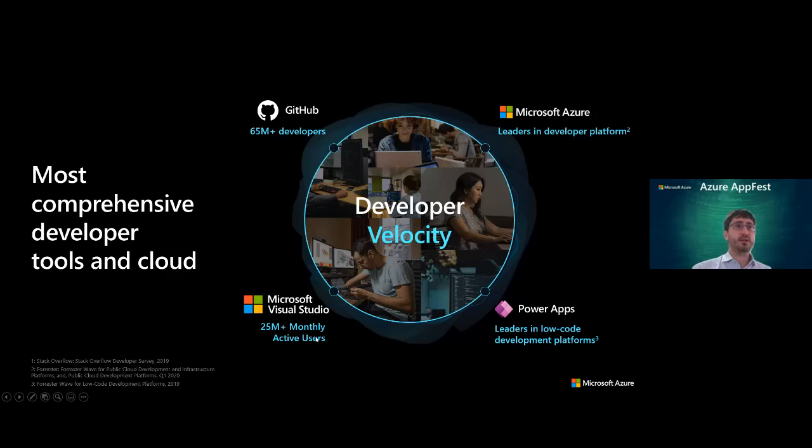Finally, as we have seen today, by looking at Visual Studio, GitHub, Azure, and Power Apps, in this moment, Microsoft definitely has the most comprehensive tooling for improving developer velocity. So I definitely encourage you to have a look and start to explore these tools.